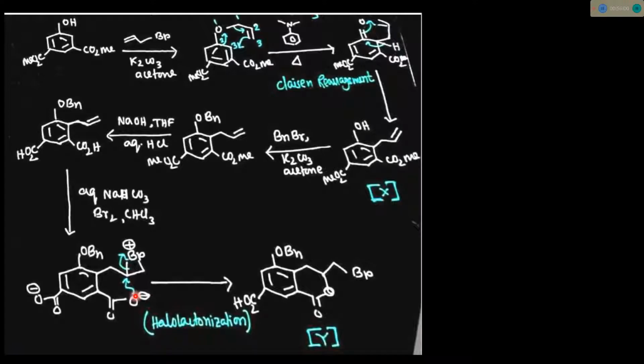Obviously 6-membered lactone is more stable than 7-membered, that's why the 6-membered lactone is formed here, not the 7-membered. 5-membered lactone formation is more favorable than 6-membered, but here there is no way to form a 5-membered lactone, that's why the 6-membered lactone is formed. So this is the product: this O minus attacked this and this bond breaks. OBn should be there, carboxylic acid should be there, and there is a 6-membered lactone with CH2Br.